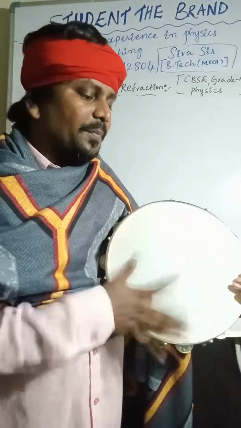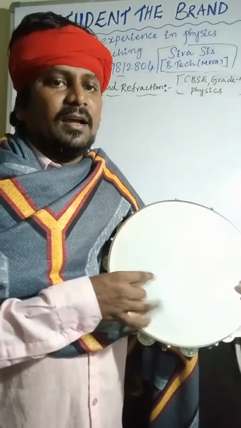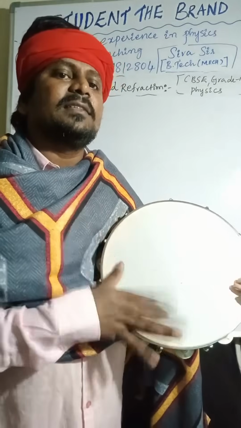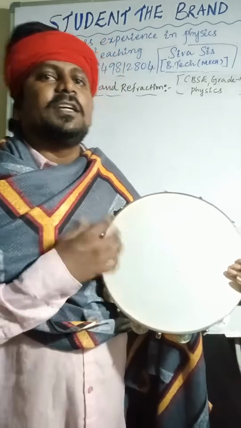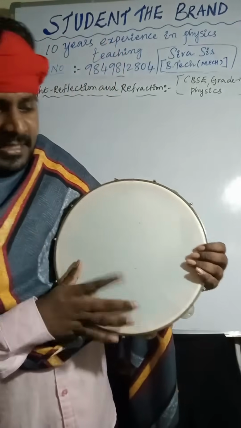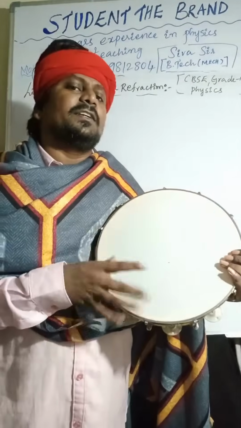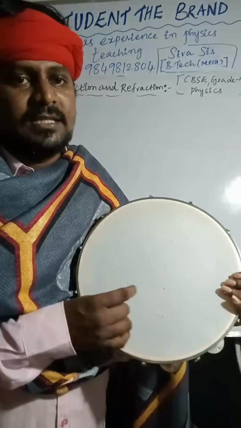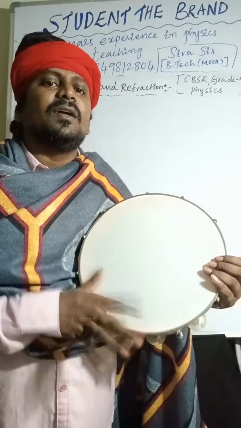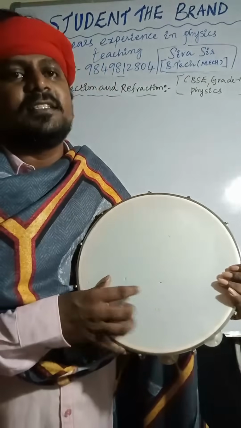Distance are positive along the incident trace. Distance are negative opposite to instant trace. Distance are positive above the principal axis. Distance are negative below the principal axis.